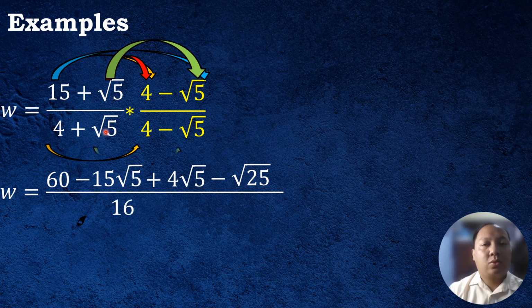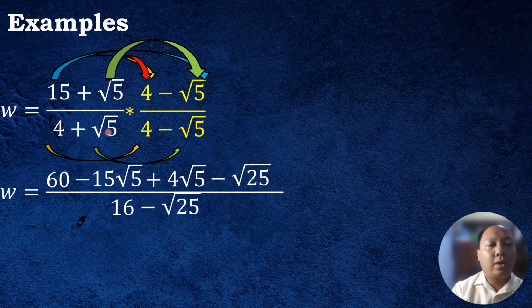Then, square root of 5 times negative square root of 5 is negative square root of 25. Again, yung numerator natin, 60 minus 15 square root of 5 plus 4 square root of 5 minus square root of 25. Ang denominator naman natin ay 16 minus square root of 25.